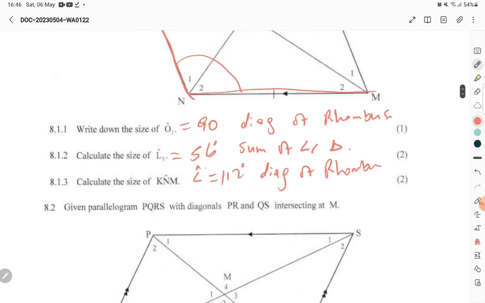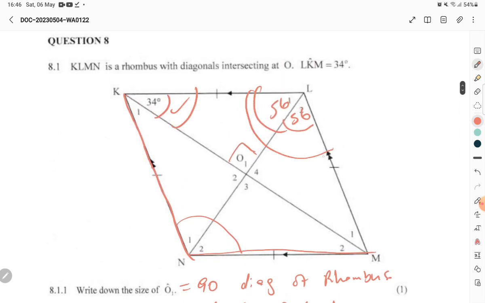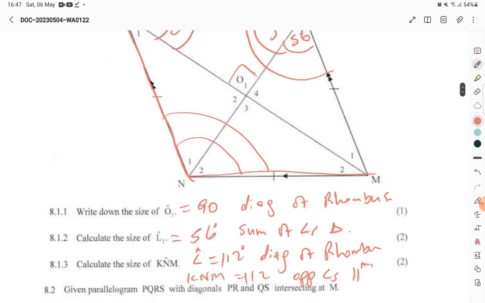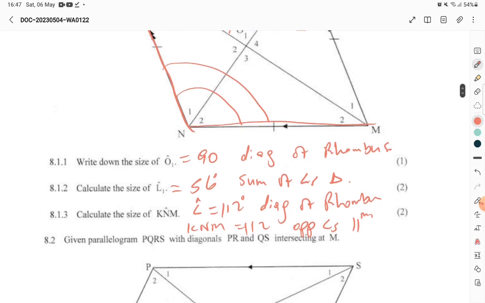After that, you can tell that K is equal to 112 as well. Reason: these are opposite angles in a parallelogram. If this angle is 112, so is this one, because they are opposite angles of a parallelogram. This is also a rhombus, but a rhombus is a parallelogram. So we are done with this one without any hiccups.